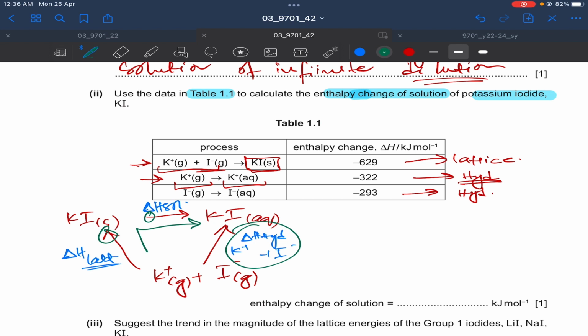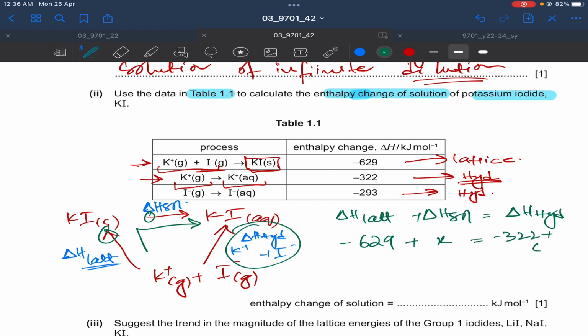So the formula would be delta H lattice plus delta H solution, which we have to find out, equals delta H hydrations. Right, so the lattice enthalpy is minus 629 plus solution we have to find out, and delta H hydration of potassium is minus 322 plus iodide ion minus 293.